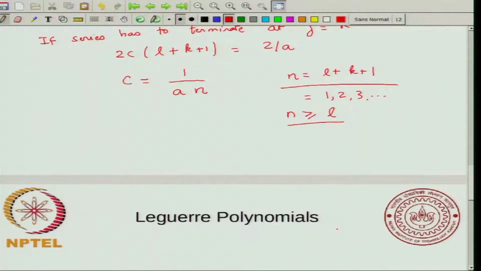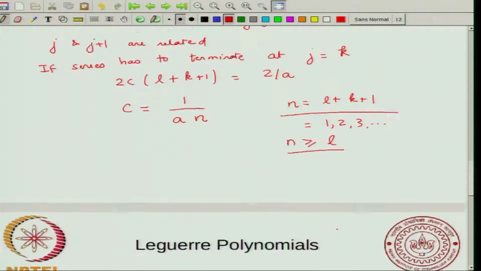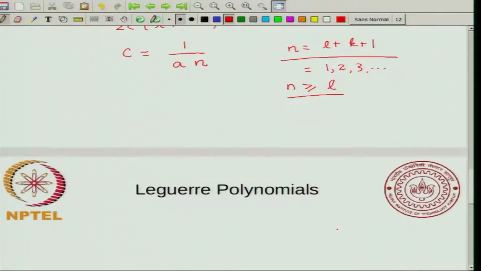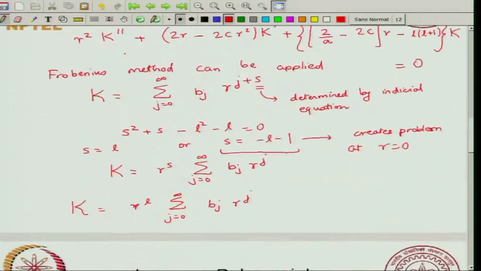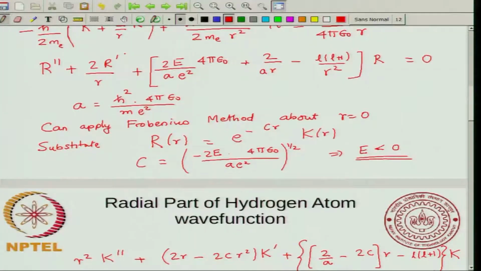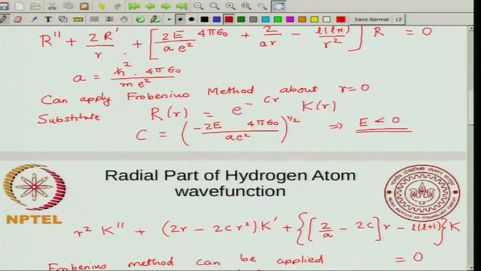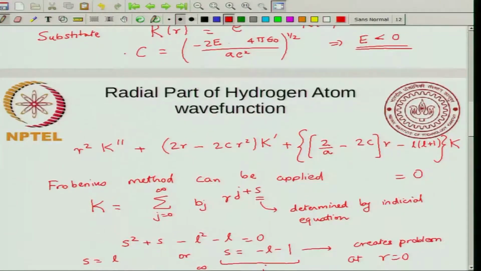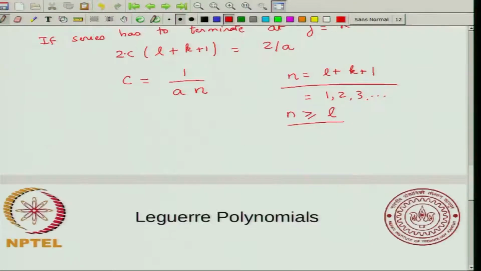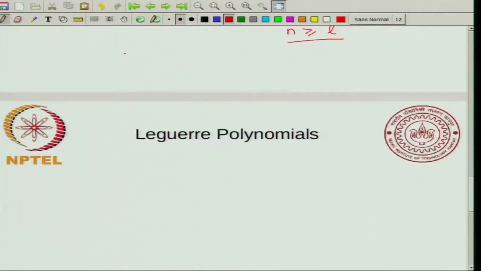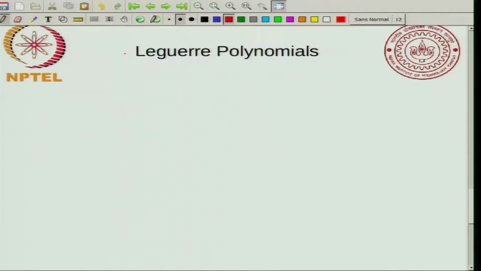Now you can go further, because C is related to your energy. If you substitute the expression for C in terms of E, that is this expression that we had here, C goes as energy raised to half, so energy goes as C square. With some constants, you multiply all those constants out and you will get the expression for the energy of a hydrogen atom.